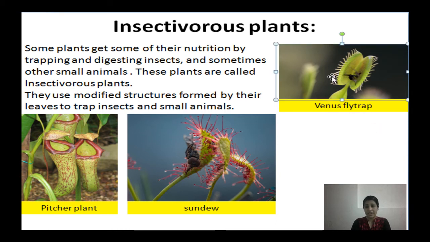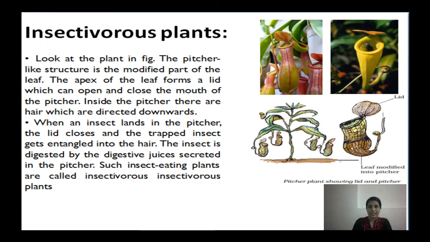Example, Venus flytrap, pitcher plant, sundew plant. They just try to trap the insect and then digest the insect and get the nutrients from the insects. So they are called the insectivorous plants. They use the modified structures formed by their leaves to trap small animals and insects.